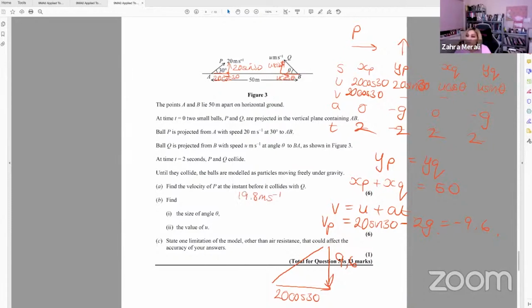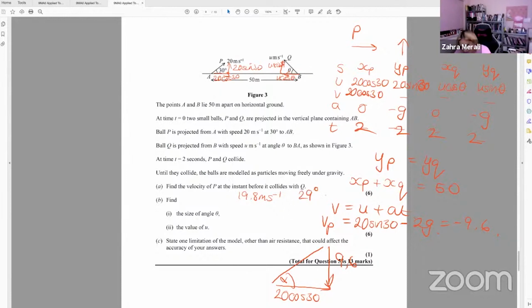But because it's velocity, we also need the angle: tan minus 1 of 9.6 over 20 cos 30, which gives us 29 degrees.